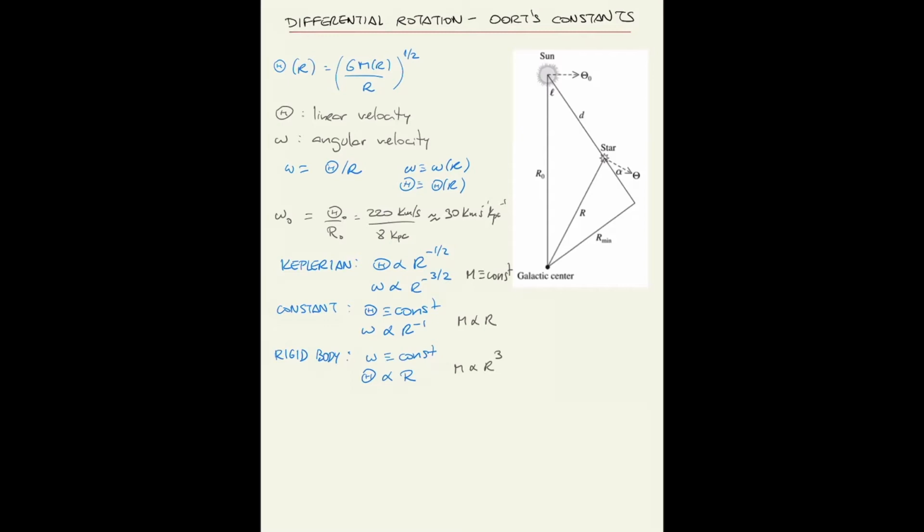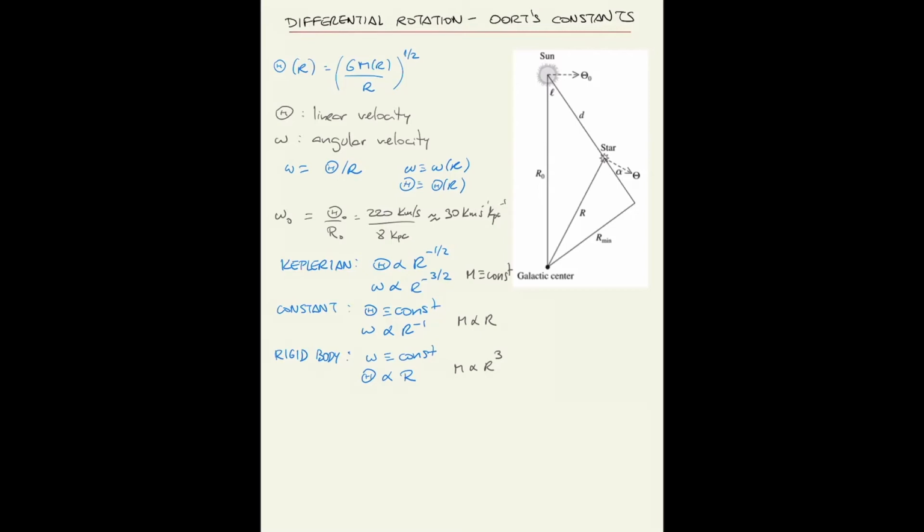However, the disk is actually in differential rotation, with omega decreasing with radius. We expect stars closer to the galactic center to be passing us, while stars farther from the galactic center fall behind.